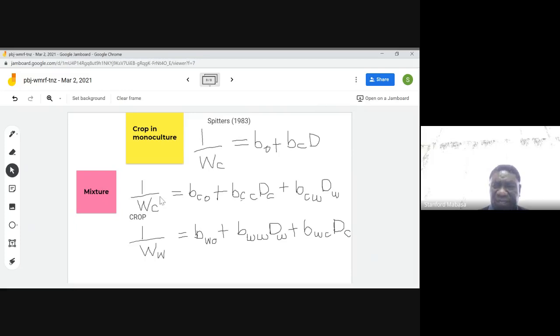We can express its weight using this expression. This is the weight of one wheat. We can actually express this weight using this equation.